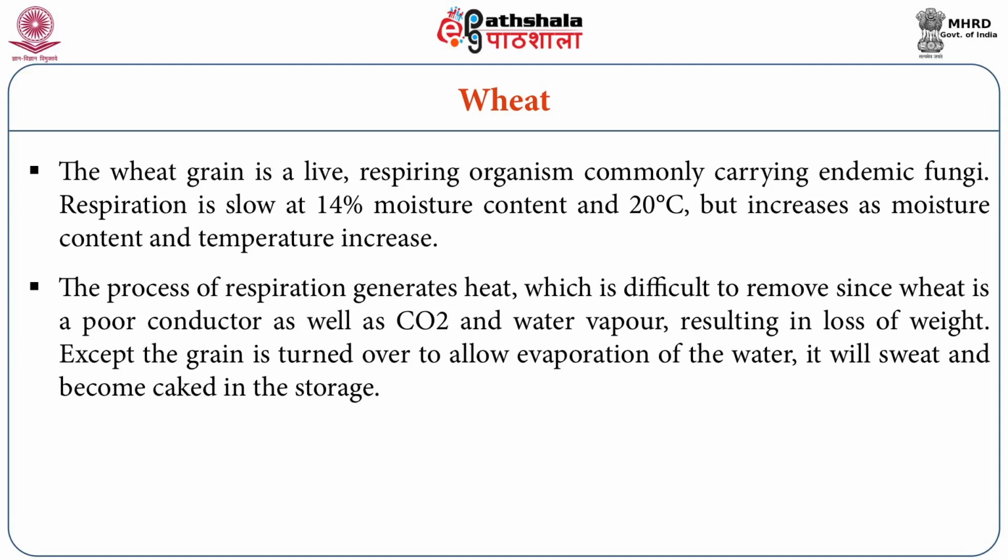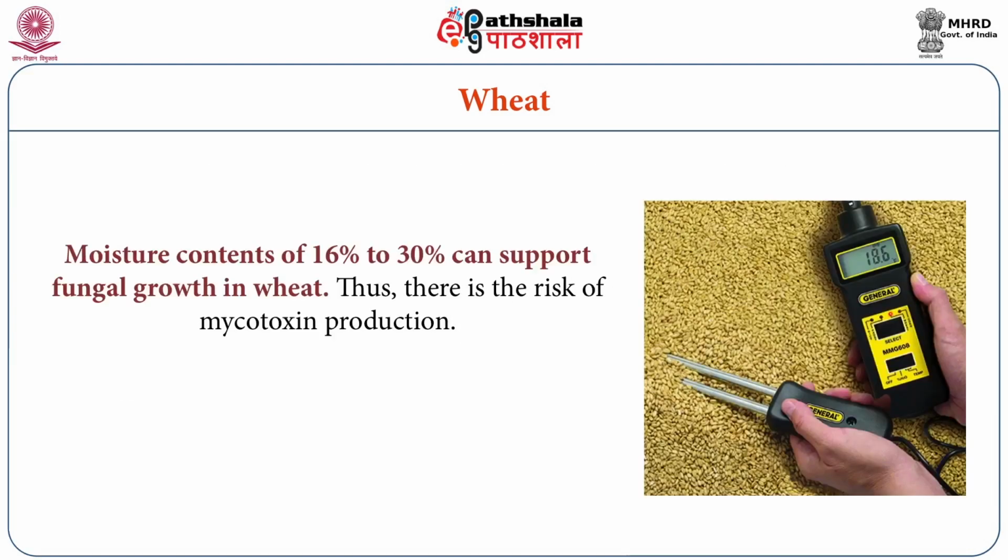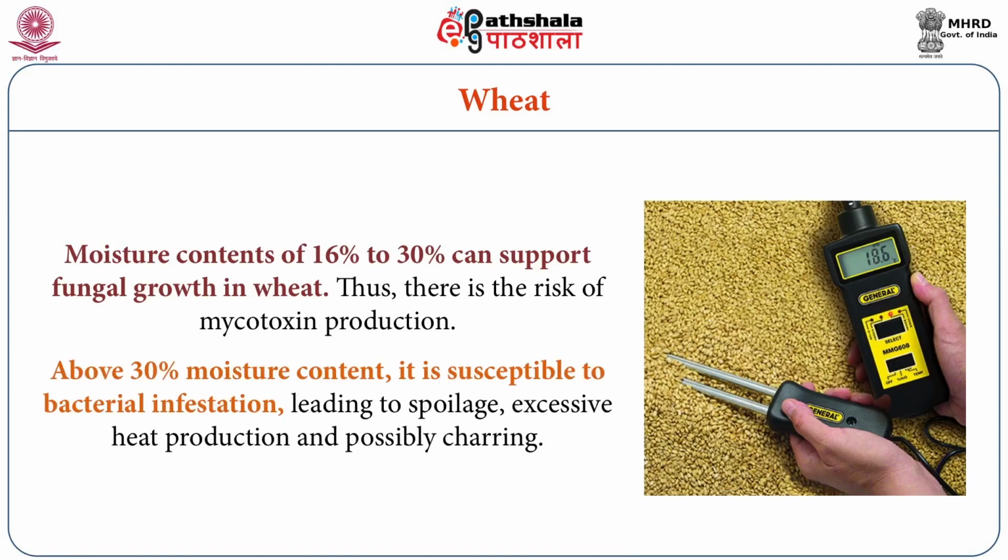Except the grain is turned over to allow evaporation of the water, it will sweat and become caked in the storage. Moisture contents of 16 to 30% can support fungal growth in wheat, thus there is the risk of mycotoxin production. Above 30% moisture content, it is susceptible to bacterial infestation, leading to spoilage, excessive heat production and possibly charring.